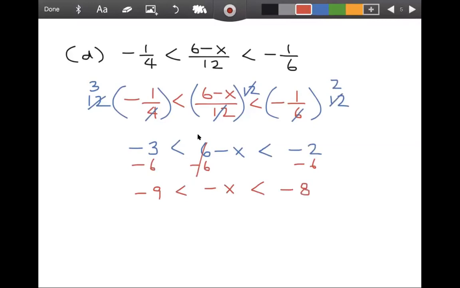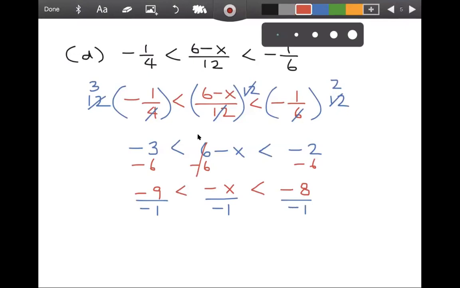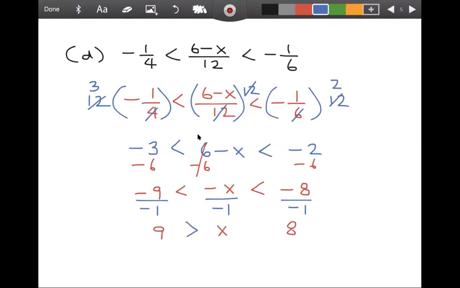And finally, because I'm not interested in opposite x, I'm interested in x, I am going to divide all 3 parts of this by -1. Now, what that's going to do is change this to a 9, change this to an 8, and change this to an x. But because I divided by a negative, that's going to reverse the inequality symbols.